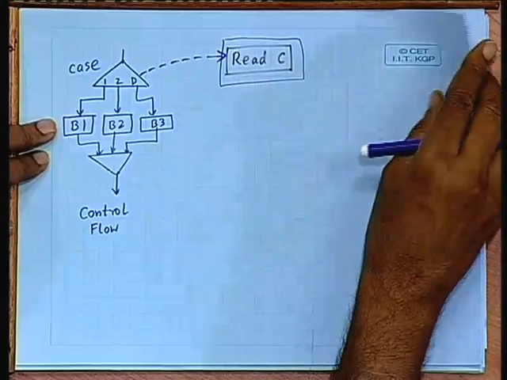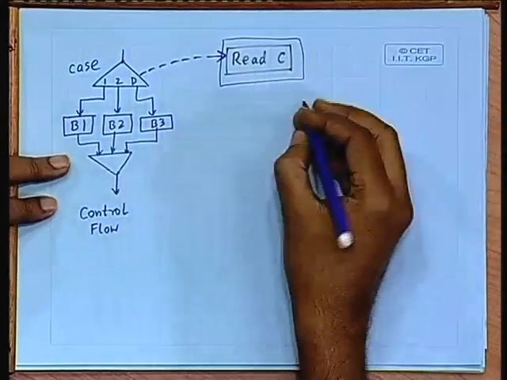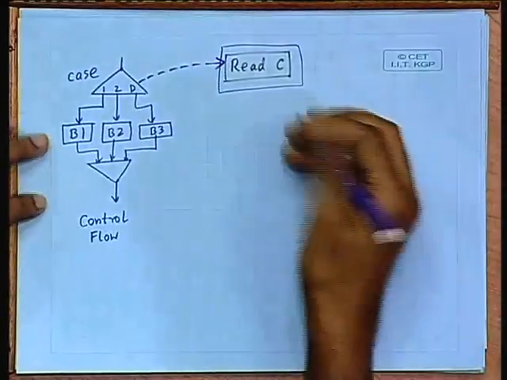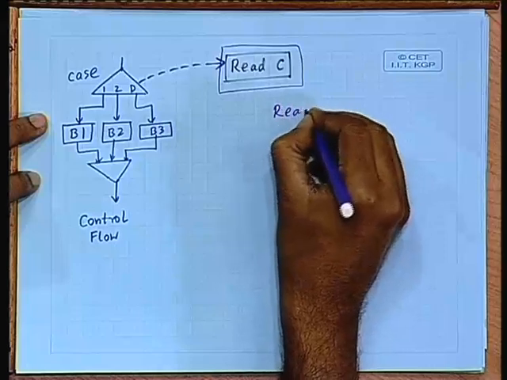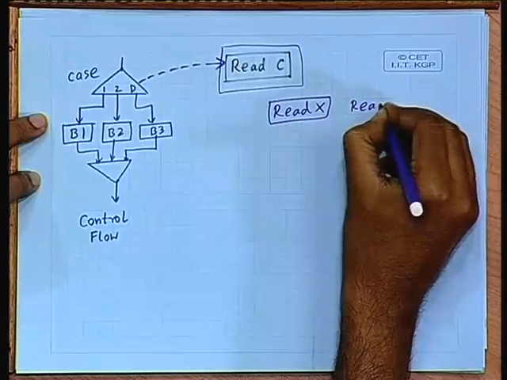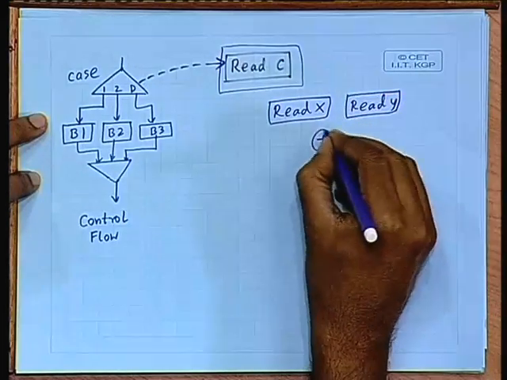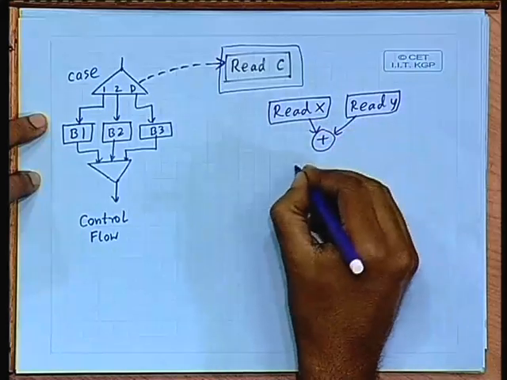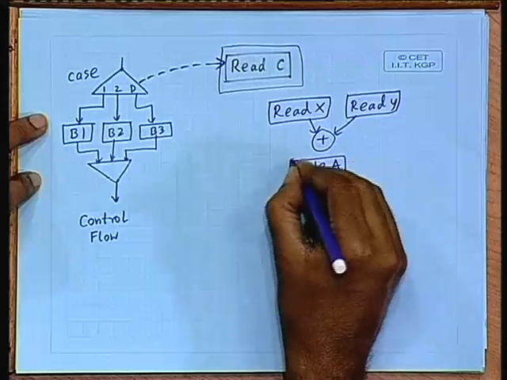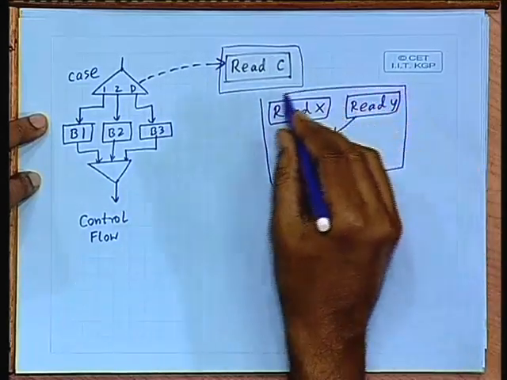Similarly, okay, I am showing it for B3 first. B3 is A equal to x plus y. So, it is similar, read x, read y, add them up, write A. So, this is your B3.